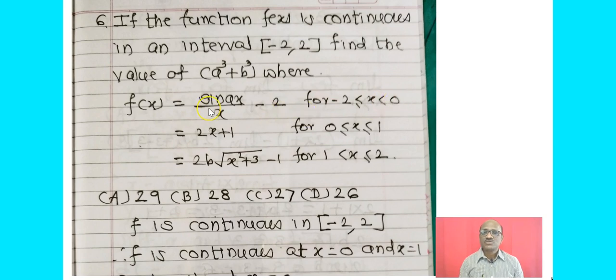That is the limit as x tends to 0 minus, the left hand side limit, and the limit as x tends to 0 plus, the right hand side limit. Then equate them. Find the value at x equal to 0. That is, we take 2 into 0 plus 1, so you will get the value of the function as 1.